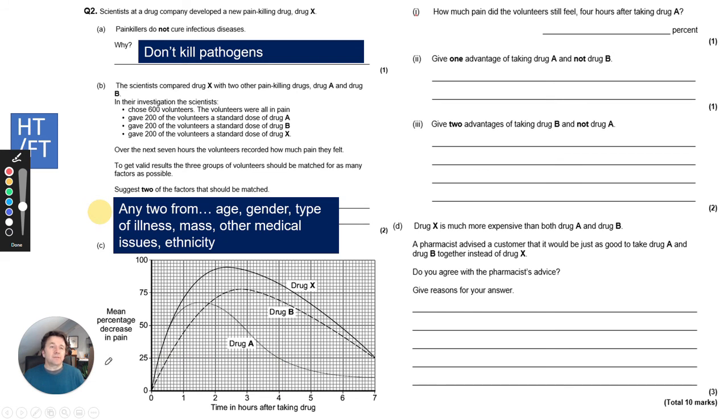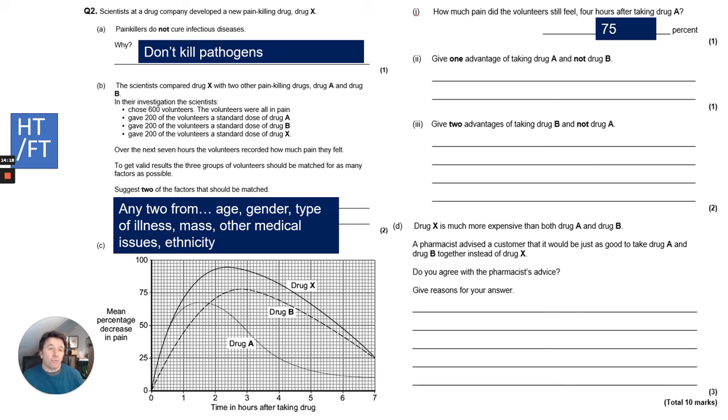It says how much pain did the volunteers still feel? So it's 100 minus 25, so that will give us 75%. Even though it said 25, that was the decrease in pain, and it wants you to say how much pain did they still feel? So that's 100 minus 25 to get that answer.